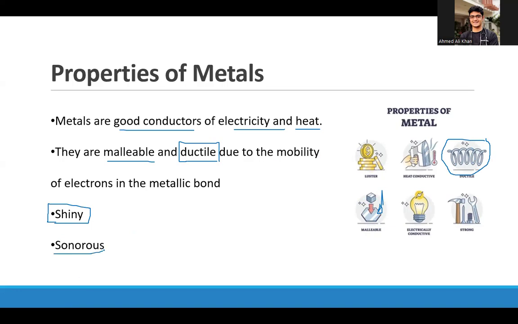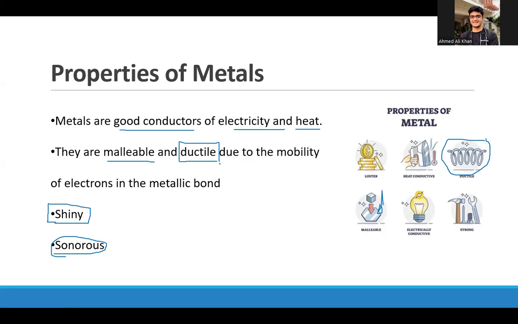And they are sonorous. What does sonorous mean, Aslan? Sonorous just means that when you strike a metal, it makes a sound, a ting sound. Yeah, that's what sonorous means.